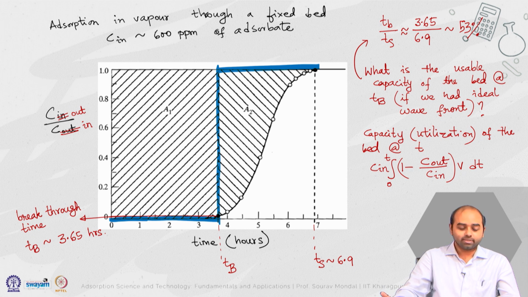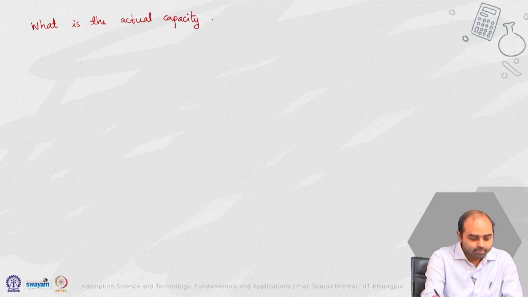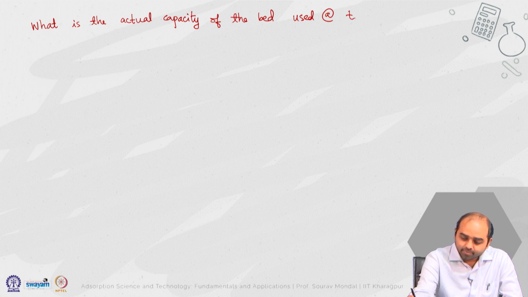If we do not have this ideality condition, what is the actual fraction of the bed capacity which is used at this breakthrough? So, the question is next, what is the actual capacity of the bed used at this breakthrough condition.